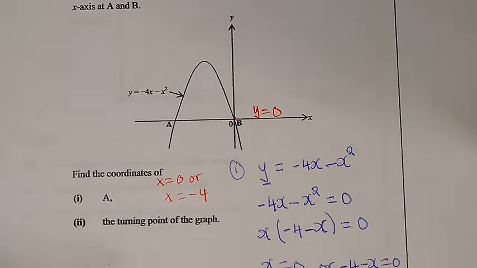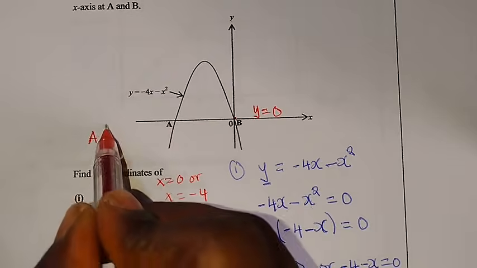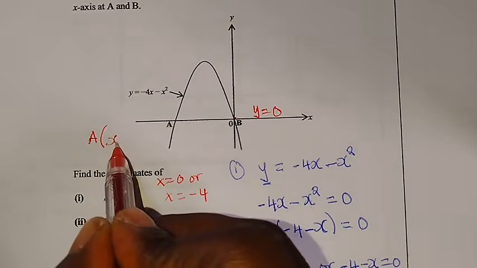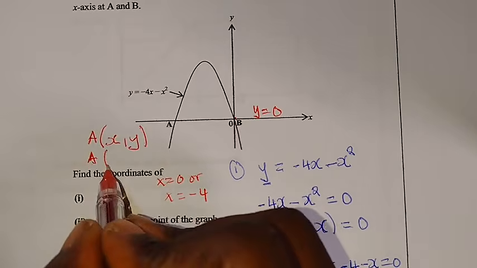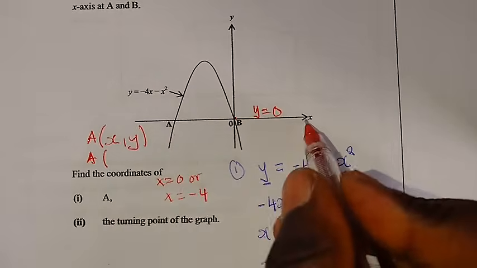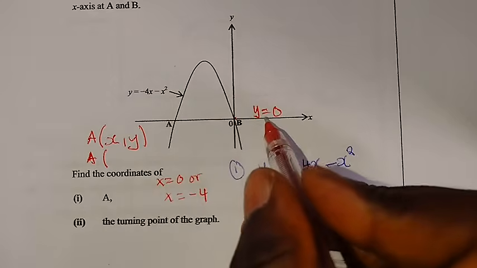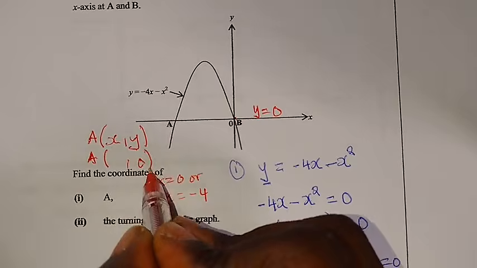Before you come up with the coordinates, you know that the coordinates of A, this point A right here, is going to be in this form where we say x, comma, y. The x coordinate here you don't have. This is the x-axis, which is y is equal to 0. So here, where we have y, it will be a 0 like this.